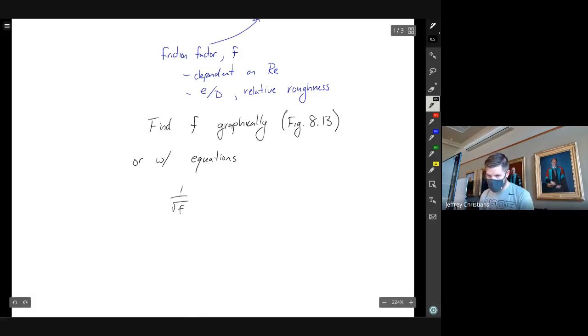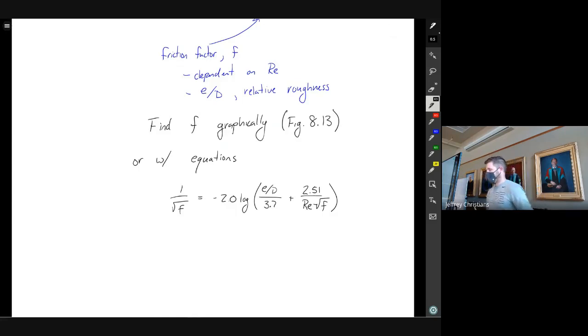This is a relatively famous one, relatively useful: 1 over square root of F equals negative 2.0 times the log of E over D divided by 3.7, plus 2.51 over the Reynolds number times the square root of F. So you can see friction factor depends on E over D and Reynolds number on the right-hand side.